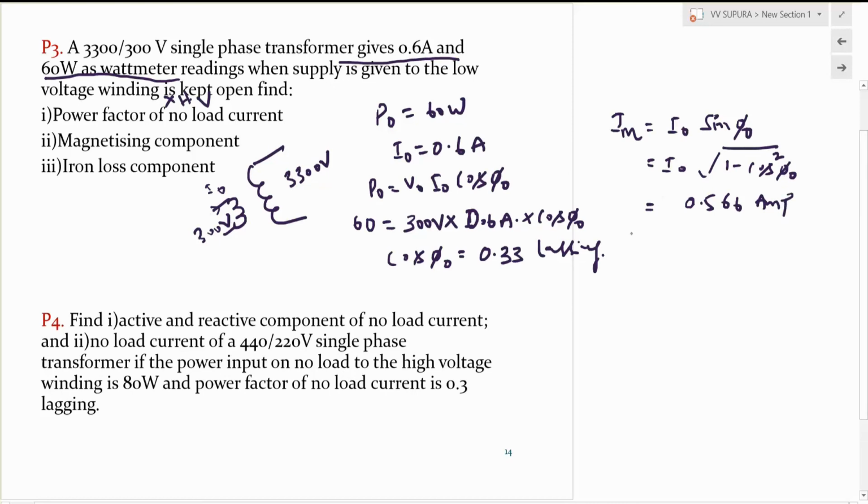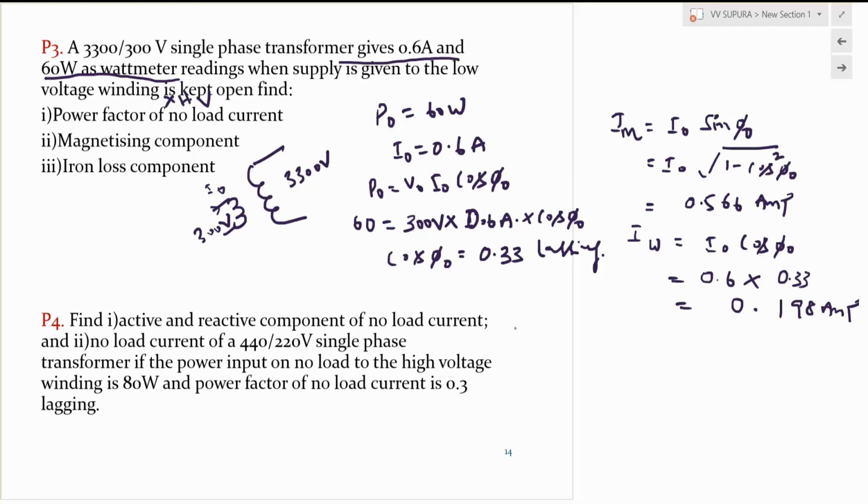Now the iron loss component I working is equal to I naught cos phi naught. I naught is 0.6 into cos phi naught 0.33, which is 0.198. So with this we can solve any problem. These are the basic ideas of a transformer on load condition and on no load condition. Right? Thank you.